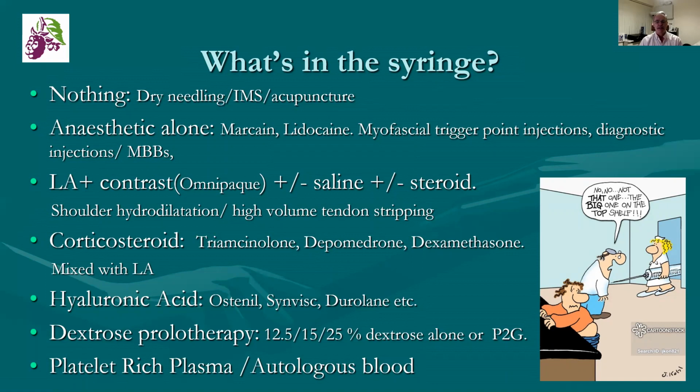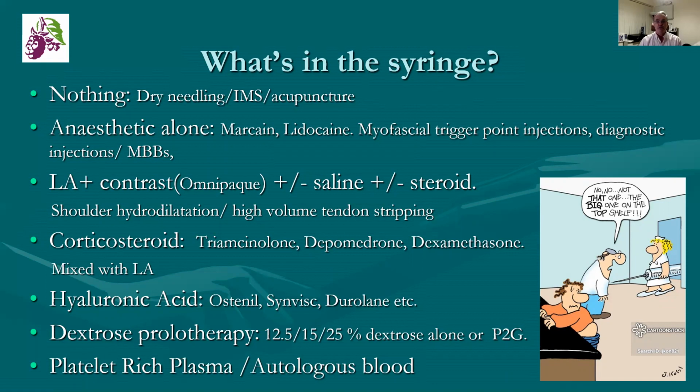The steroid can be used on its own with a depot steroid such as triamcinolone, or a more soluble one such as dexamethasone. Hyaluronic acid can be used, which is a high molecular weight glycosaminoglycan, in substances such as Ostenil, Synvisc, and so on for lubricating arthritic joints.